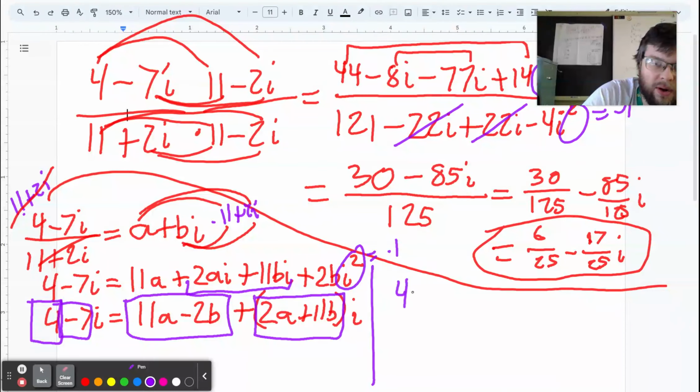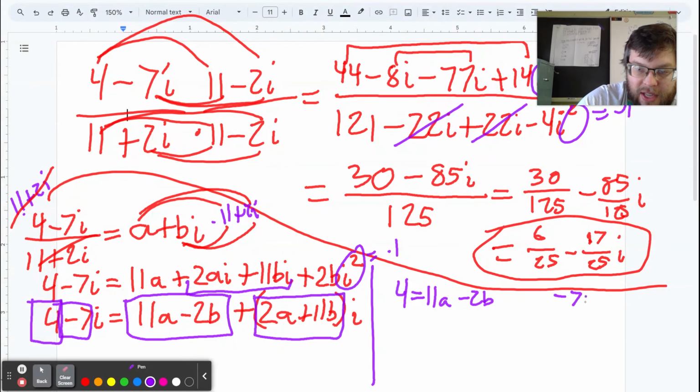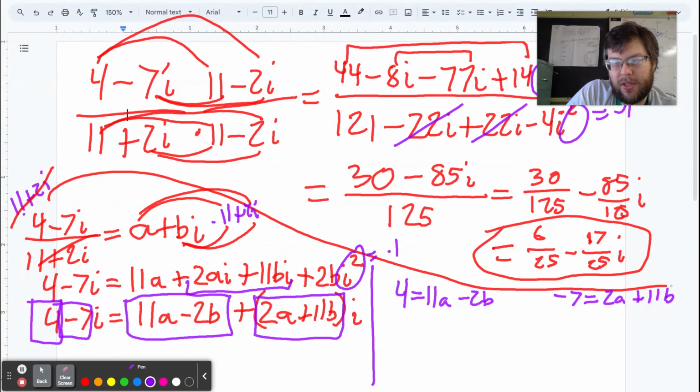We have 4 equals 11a minus 2b. And our other equation that we have is -7 equals 2a plus 11b. So you can solve this with elimination, or you can solve this with substitution. Either way is just fine.